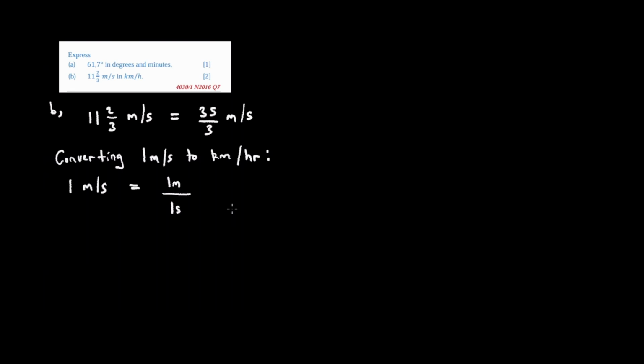Meaning 1 meter over 1 second, we can convert this 1 meter to kilometers. Here you can employ our chain method. It says meters to kilometers, there is 1000, here we want to convert meters to kilometers.